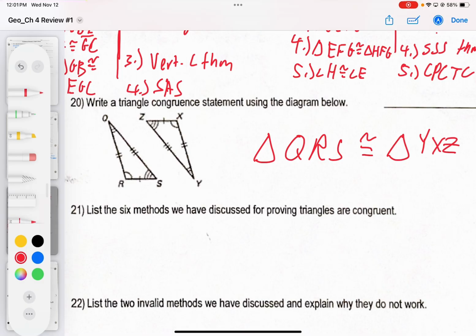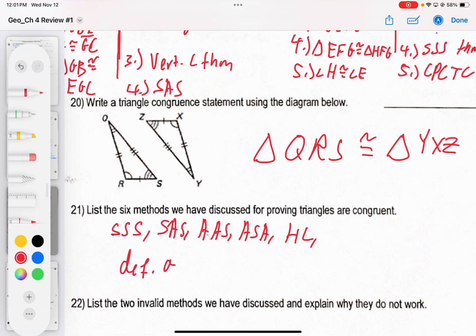Definition of congruent triangles. Yeah. ASA, SSS, SAS, AAS, HL, and definition of congruent triangles. Correct.